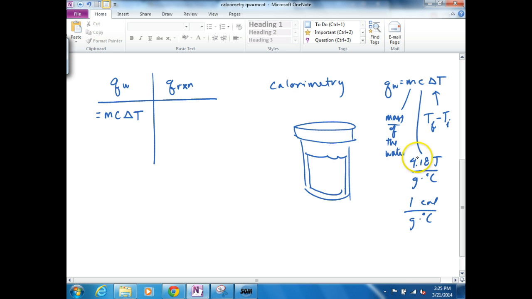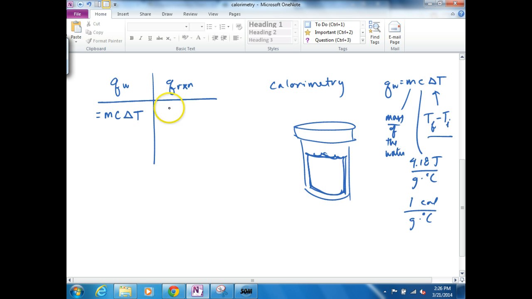Notice that the mass, this value for C, and the temperature change are all for the water, okay? They're not for the thing that we're putting into the water or what's happening inside of the water. It's the water itself, and that's mc delta T, okay?